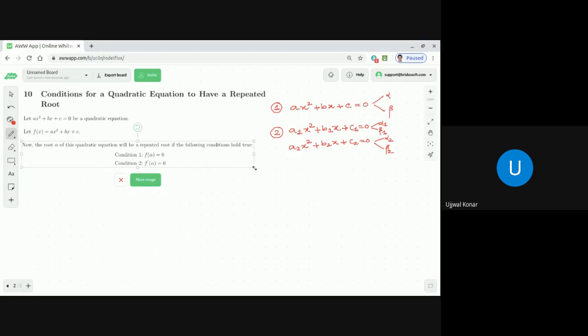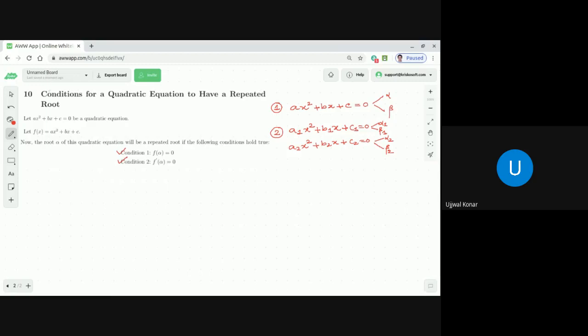So here we say that if alpha is a root of the quadratic equation ax square plus bx plus c equal to 0, then alpha will be a repeated root if both the conditions are true. The first condition, dear students, is f(alpha) has to be equal to 0, and the second one is f dash alpha has to be equal to 0.